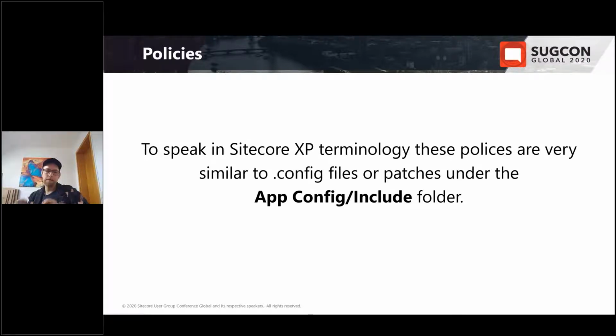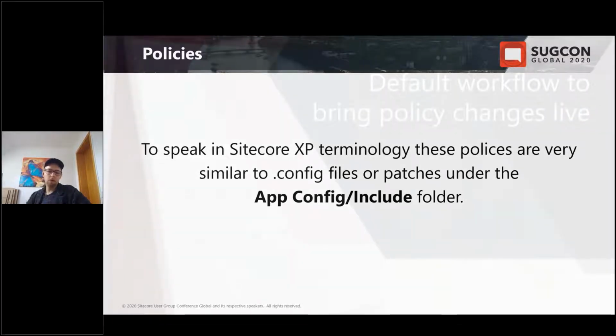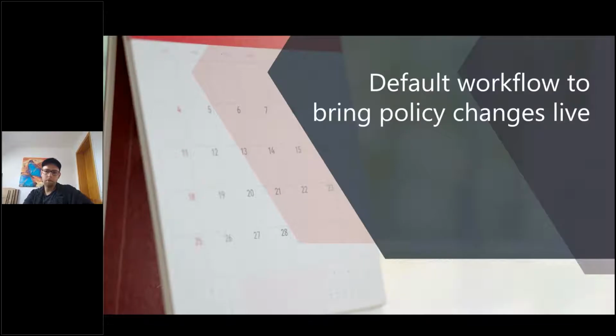So next topic: we would like to bring policy value changes live now. What do we have to do to bring all these changes live? The content author tells me as a developer, please change value X to Z. So I have to change it.